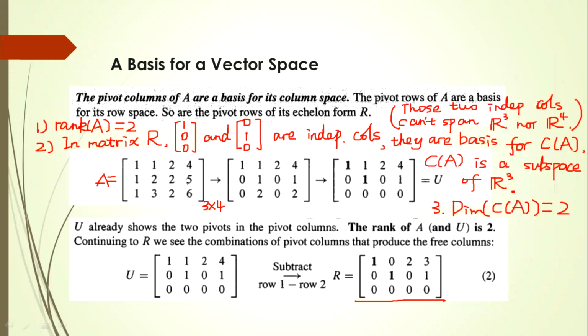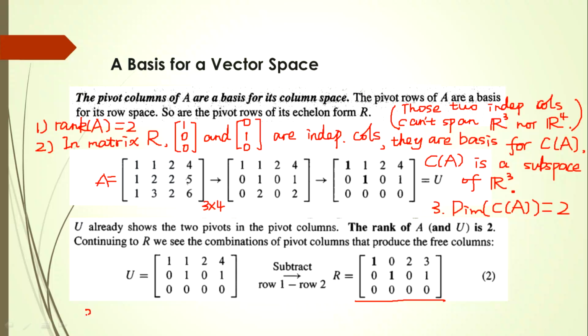But the column space is a subspace of R3. Here we give one more example. The matrix A is a rectangular one. Any questions so far? Of course, those two independent columns cannot span R3 or R4, right?